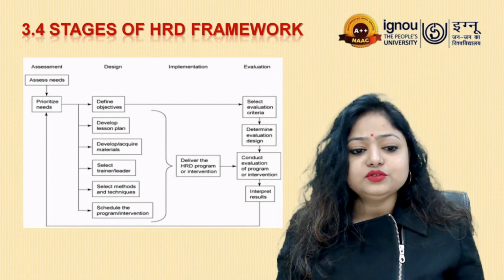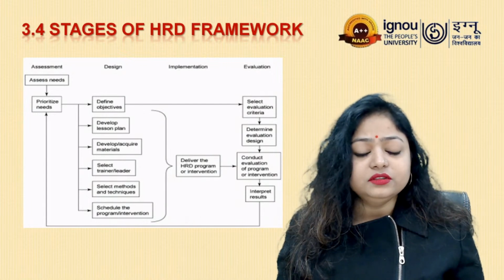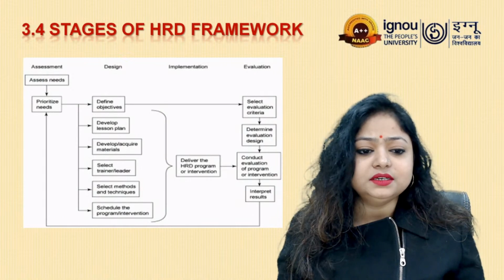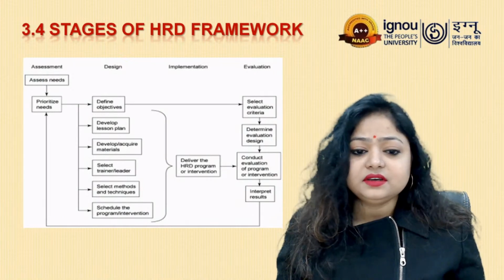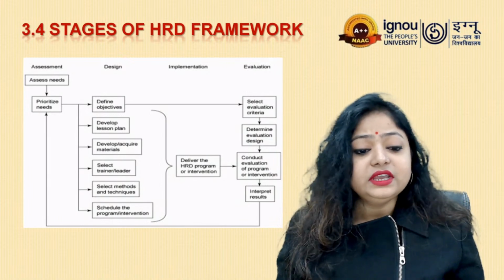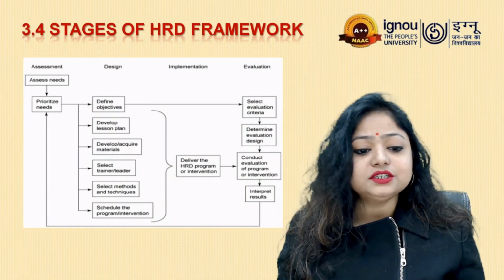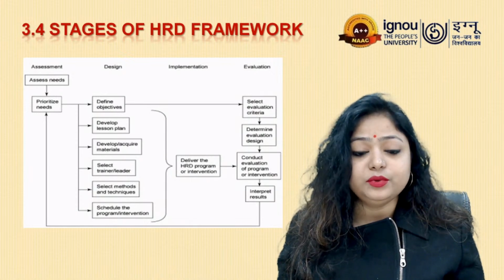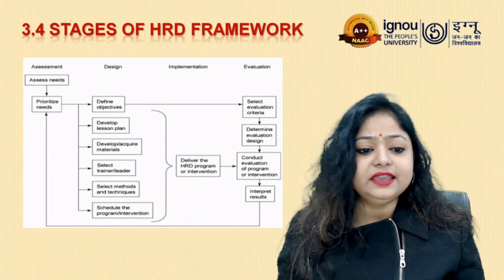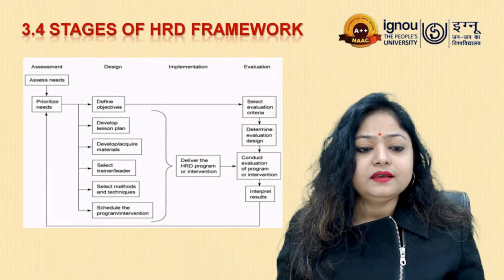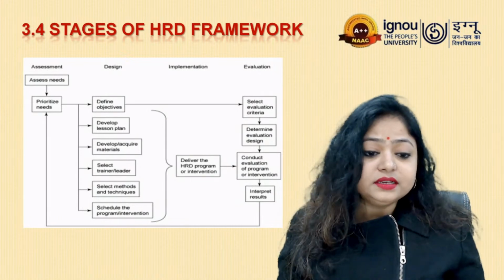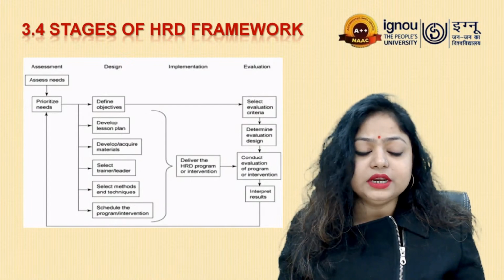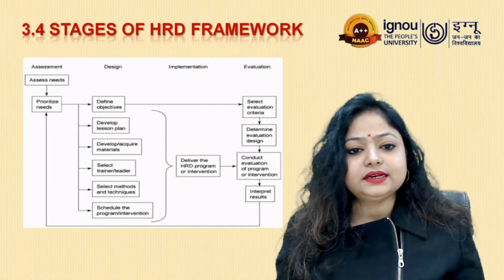Then the next step is to select the method or technique, on the job method, off the job method, vestibule training or apprentice training. Then we decide the schedule of the program, that is, whether it is going to be for 1 week, a 5 day training program. Okay, what kind of intervention and when it is going to be implemented, so the schedule of the program is selected.